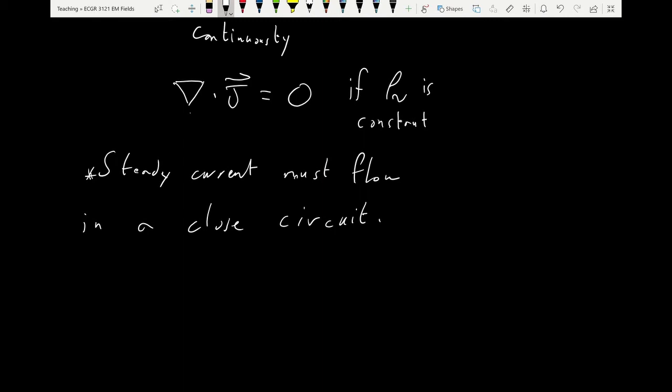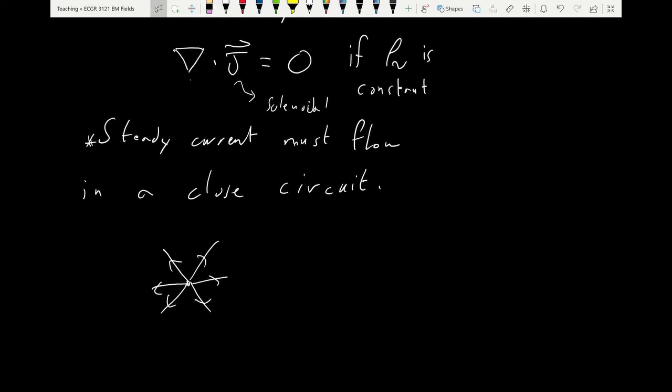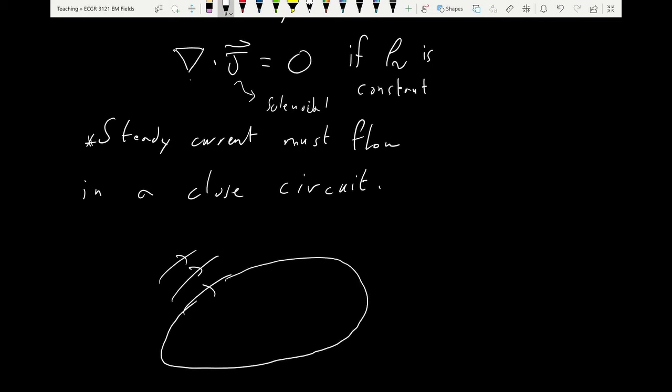What does it mean for divergence of J to equal 0? That means J is solenoidal, meaning that J has no point source. J cannot have a point source like this. If J does not have a point source, that means the field J, whatever it is, should always fall back and loop on itself.